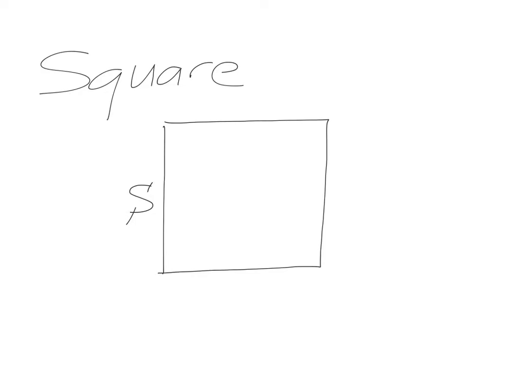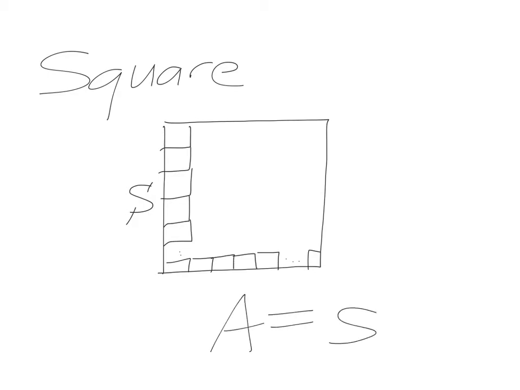So the square units needed to cover a square: there's going to be s of those square units this way, and also s of them going this way, because this side is also s square units. I put those dots there to show that there are many, because there's s number of squares. If there's s going down and s going across, the total number of squares is s times s, or the area of a square is the length of the side squared.